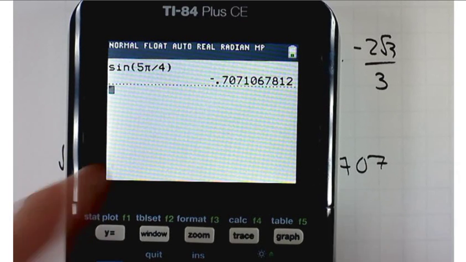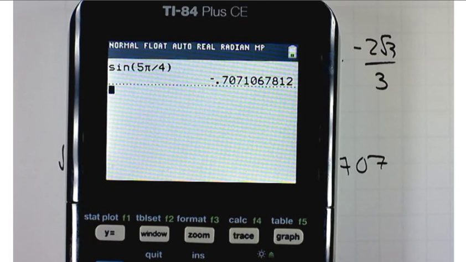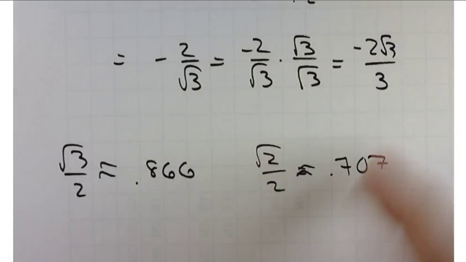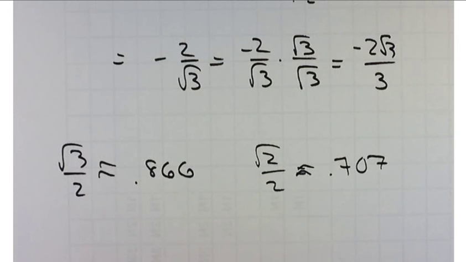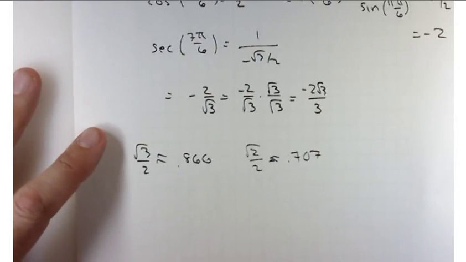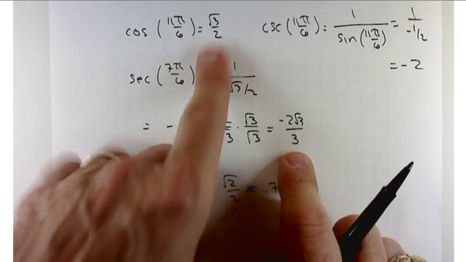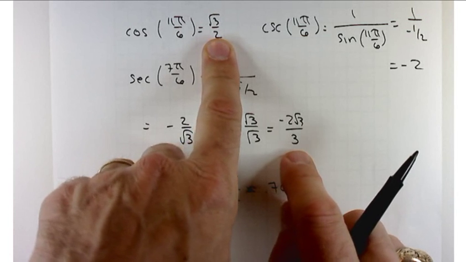But at least I don't have to draw a unit circle and do that whole pattern and figure out that I'm looking at negative root 2 over 2. So your calculator can help you out. I'm not trying to make you learn all these trig values all over again, but more often than not, I will be looking for exact values.